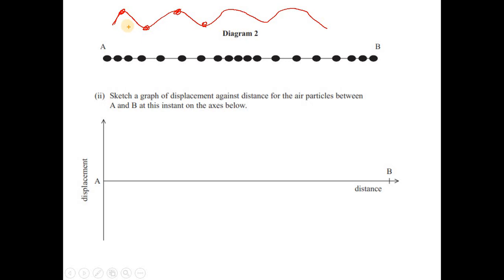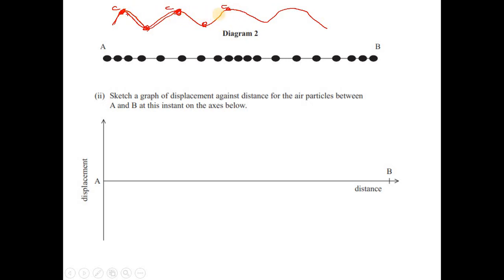You can imagine that compression and rarefaction correspond to crest and trough. So from one crest to another crest you have one wave.